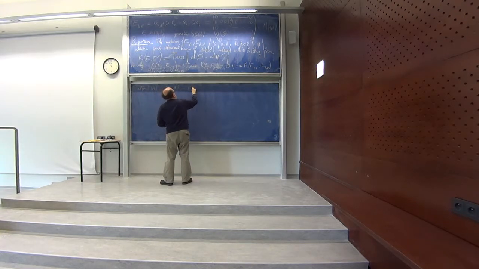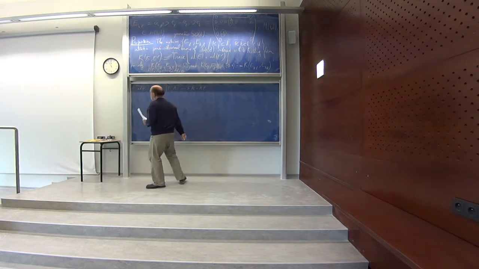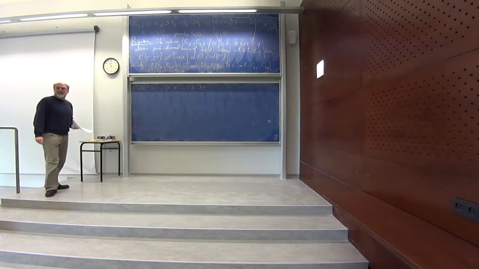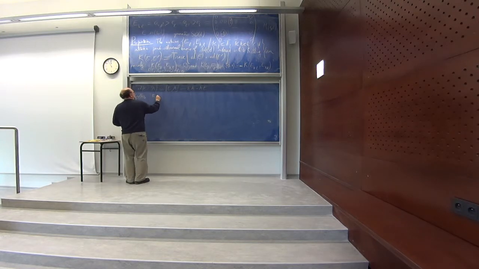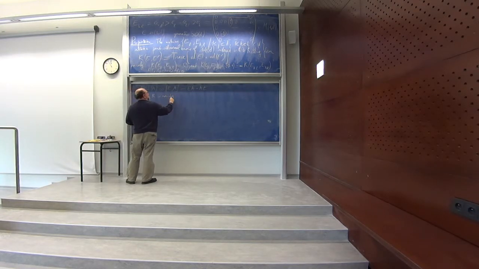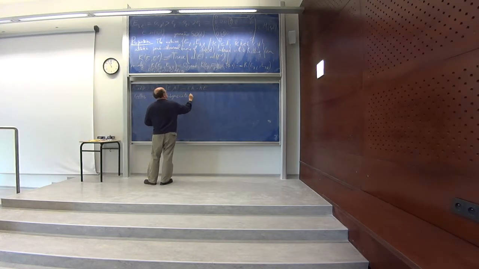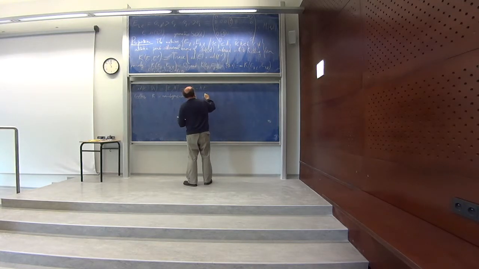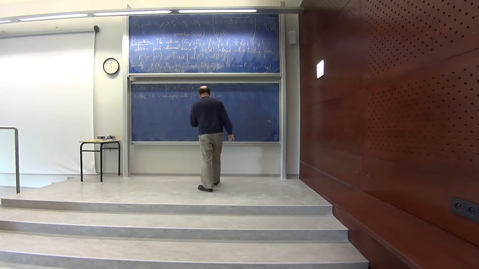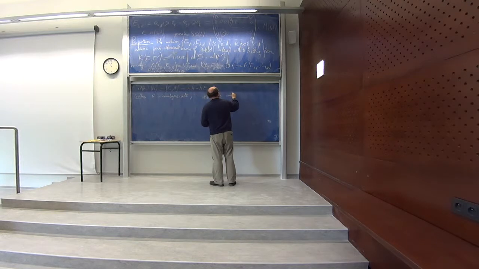This is merely this one, only product of matrices, square matrices. And corollary, K is non-degenerate. One says that SO(1,D) is semi-simple.